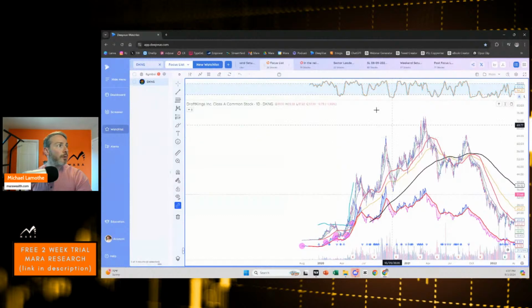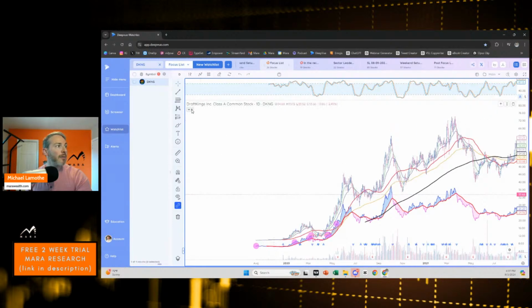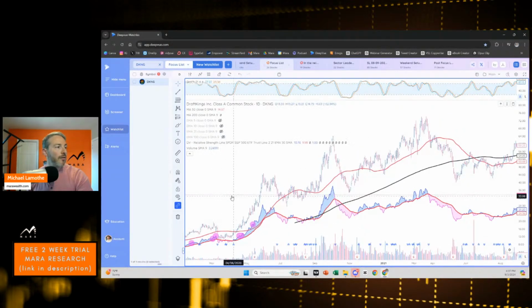The difference with this stuff and how to use it, there's a couple of key things here. And actually, let me take off some of these other moving averages so that maybe it's even a little bit clearer. There's two key moving averages when we're thinking of stage analysis. There's the 50-day moving average, that red line, and the 200-day moving average, that black line.